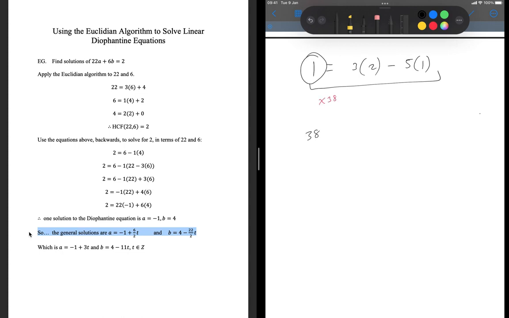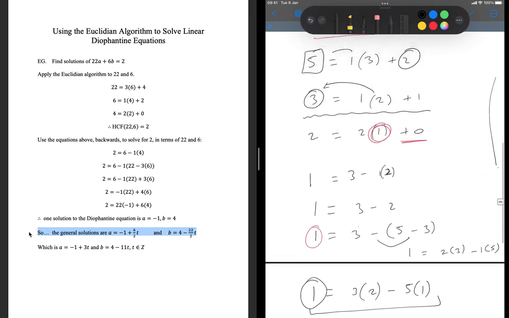So we'd have 38 equals 38 times 3 times 2, minus 38 times 5 times 1. And if we do that, we can just multiply that 38 in the bracket. So it'll be 3 times 76 minus 5 times 38.